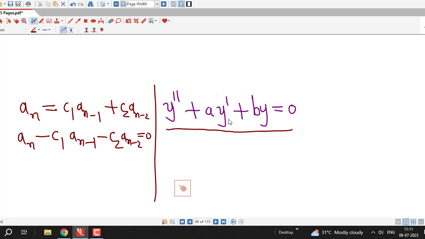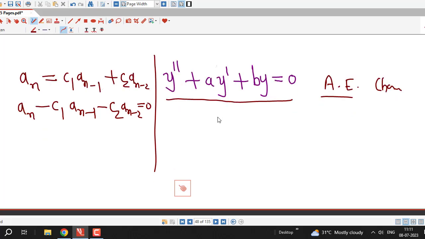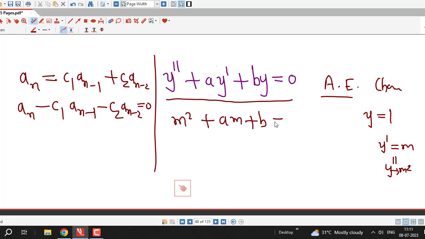Now if you recall, to solve a linear differential equation we first write the auxiliary equation or characteristic equation, and in that case we replace y by 1, y dash by some power of m, and y double dash by m squared. So we first write down the auxiliary equation m squared plus am plus b equal to 0, and then we find the roots of this equation, say m1 and m2.